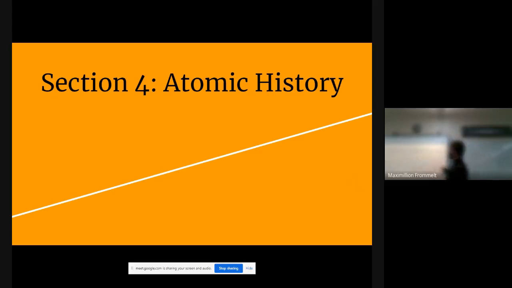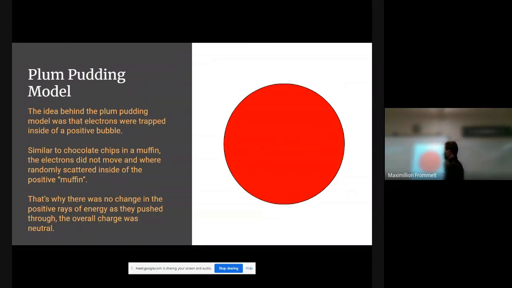Moving on to our atomic history, the plum pudding model had a lot of confusion. And so that model and the idea behind it is that all of the electrons are just caught inside of some kind of positive matrix. So if we're thinking of an analogy, the electrons would be like chocolate chips inside of a positive proton muffin, is essentially what the explanation was.